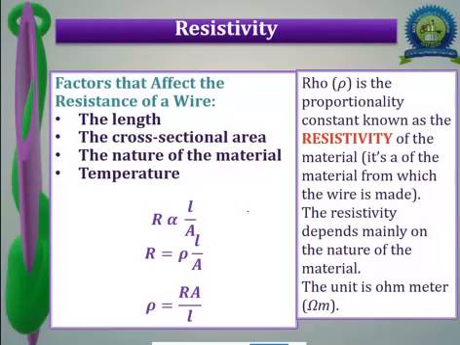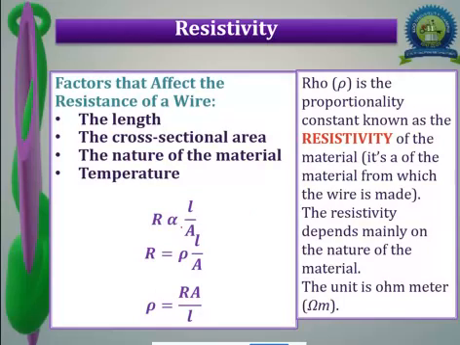Now, if you have two different wires, obviously with different lengths, definitely the resistance that will be offered by these two wires will be different. Is that okay? So the length of wire in question will affect the resistance of that wire.